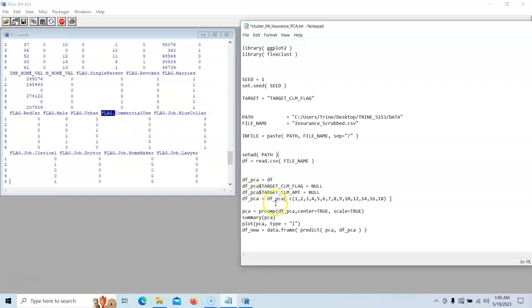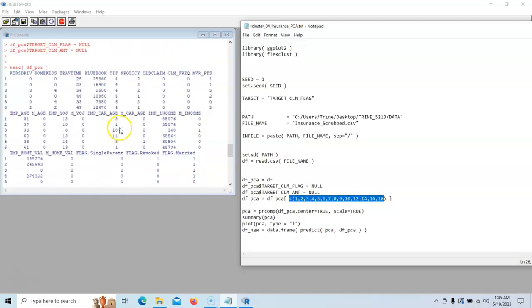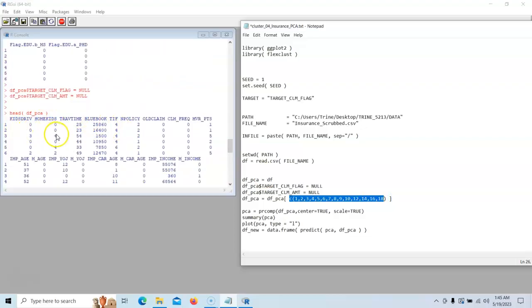This is just the way I happen to do it. I'm going to make a copy of this, and we're only going to use columns 1, 2, 3, 4, 5, 6, 7, 8, 9, 10, 12, 14, 16, and 18. Those are the ones that only have numeric values. I skipped the others.